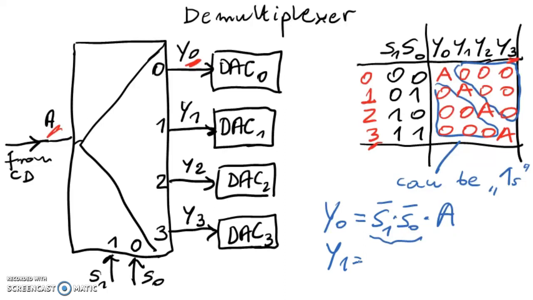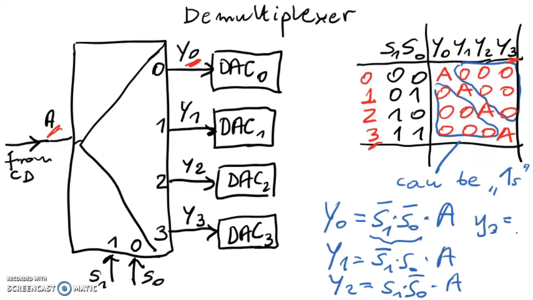Y1, similarly, is a minterm containing two variables S1, S0, and this is minterm one times A. And similarly Y2 equals S1 times S0 inverted times A. And Y3, please do it by yourselves, similar situation.